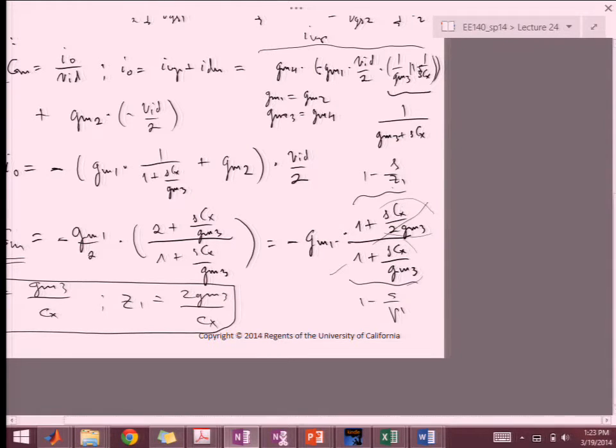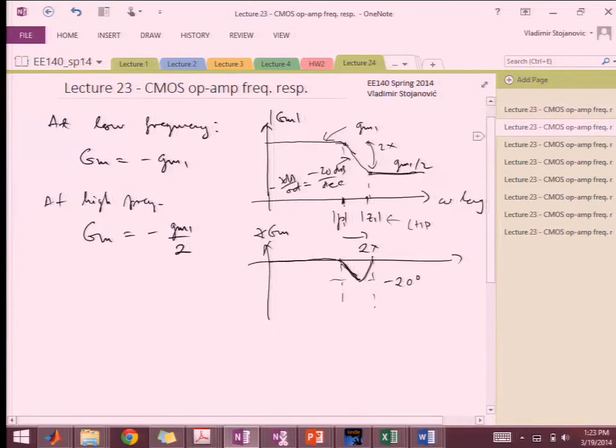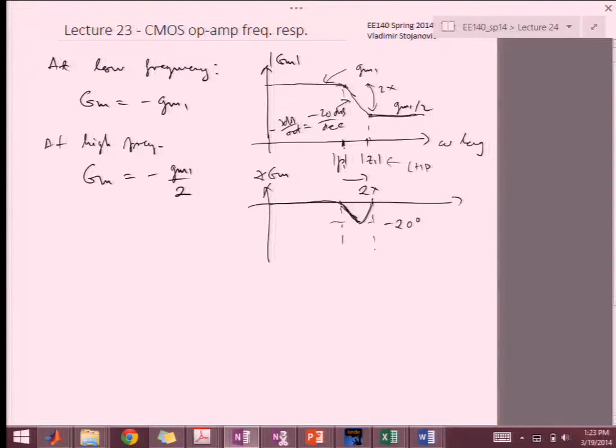And so then this will cancel with this. So Cx and GM3 will all go away, and you're only going to get 1/2, and then you have GM1 over here. Okay.